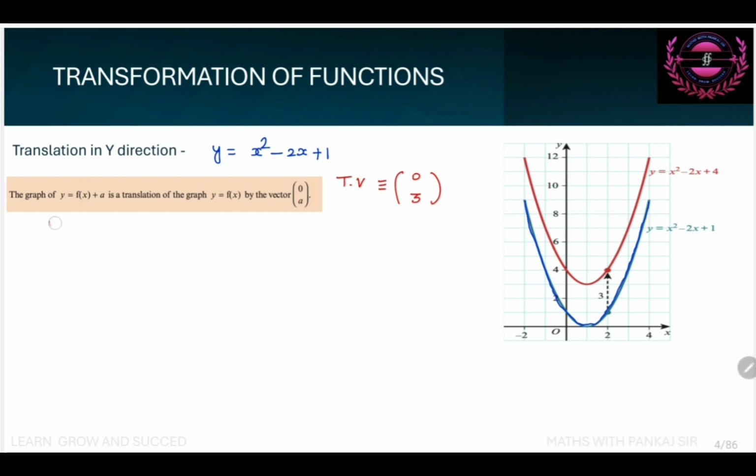So y equals f(x) plus a, this is translation in the y direction.